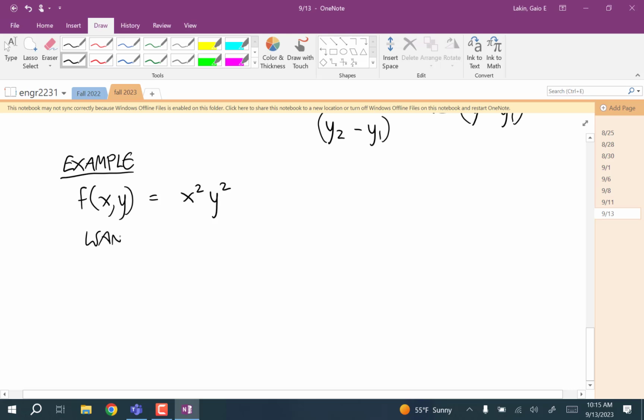And let's say that what we want is to approximate this function at 2, 2.